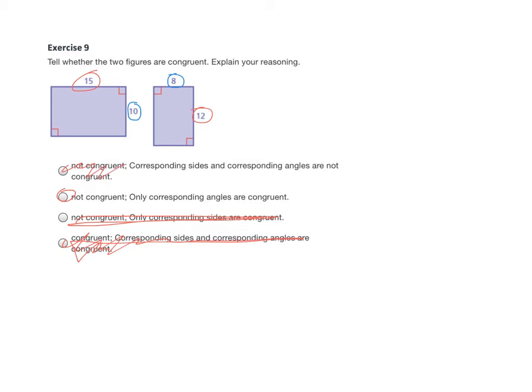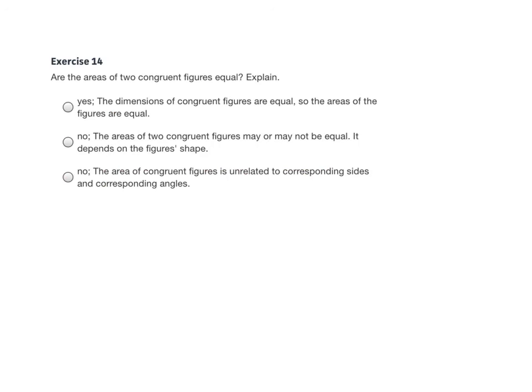It's not that one. And what they're talking about there is that corresponding angles, yeah, they're both 90s, right? In a rectangle, we know that all the corners are 90s, right? They're all 90s. So the corresponding angles are congruent. But they've got different side lengths, so they're still not congruent.